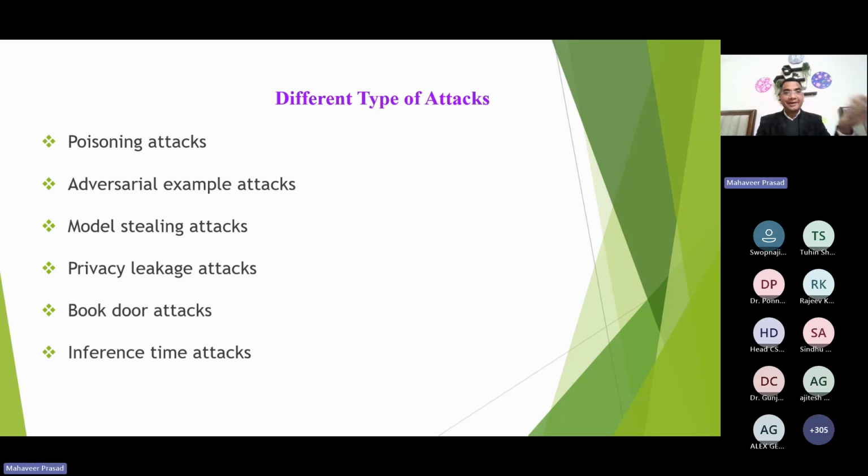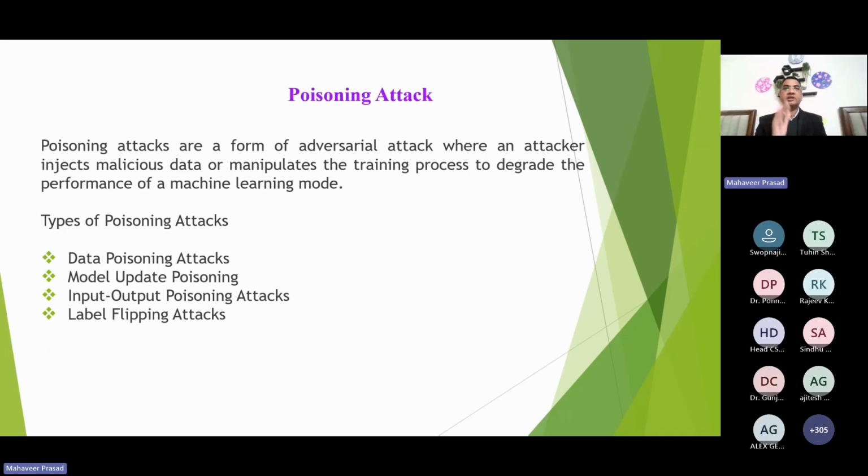So now we'll go into detail on each attack. First of all, it's the poisoning attack. Let's begin with our major attack. This is the first attack. If an attacker can modify even a small portion of the training data, they can shape the model behavior in a harmful way.